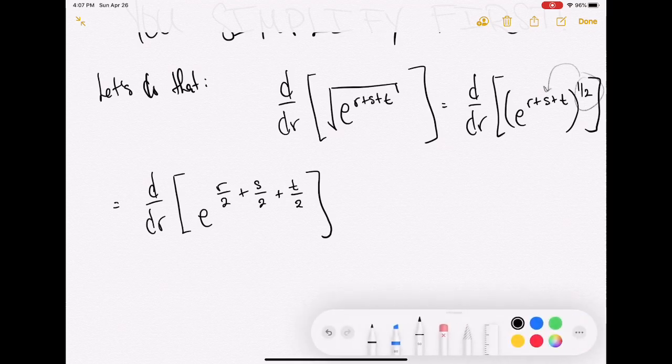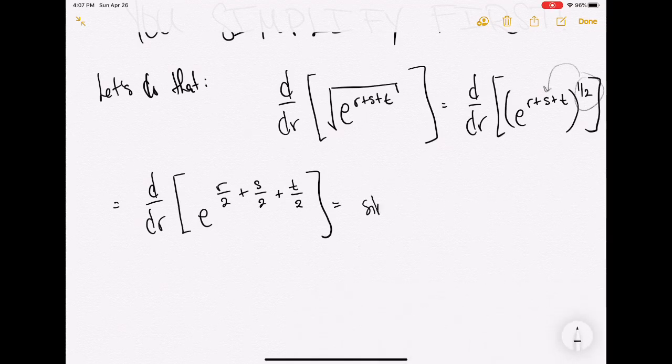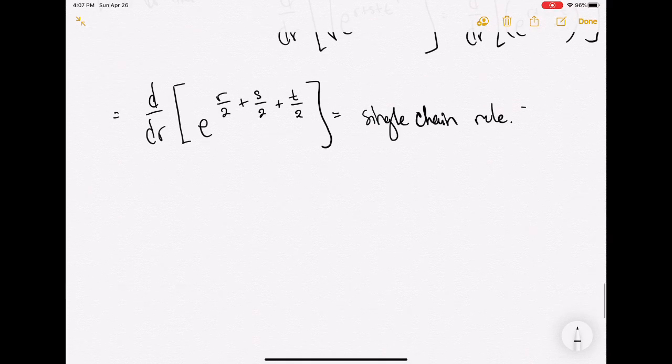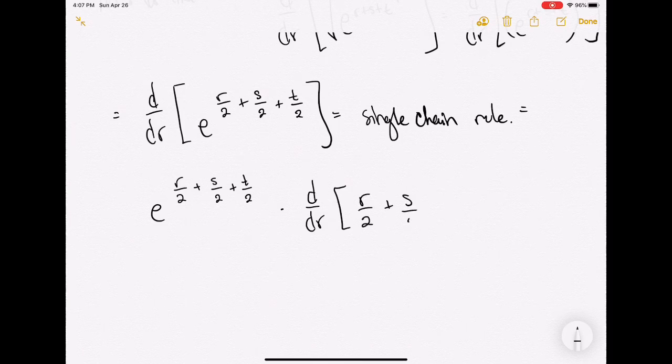That can come inside. And then from this point, it's simply a single chain rule, right? Single chain rule. So the single chain rule equals derivative of the outside, leave the inside the same. Derivative of e is your outside, right? So derivative of e stays as e, r over 2 plus s over 2 plus t over 2, multiplied by the derivative of the inside, d/dr of r over 2 plus s over 2 plus t over 2.